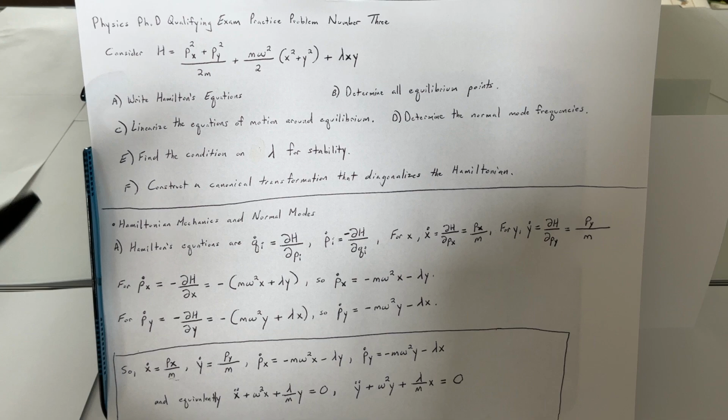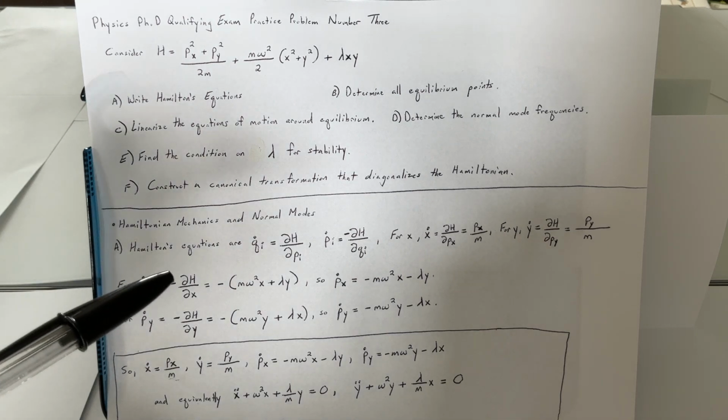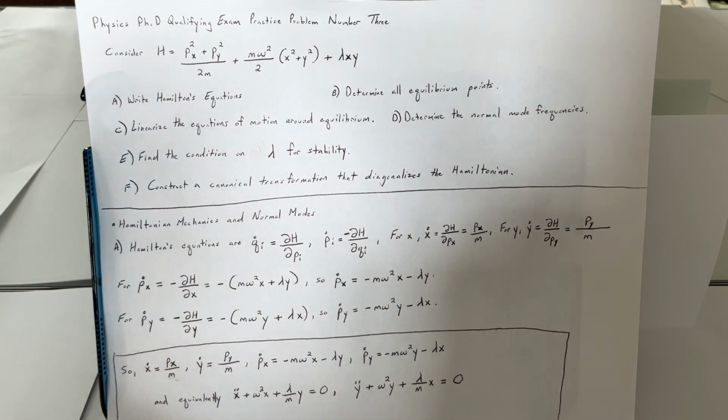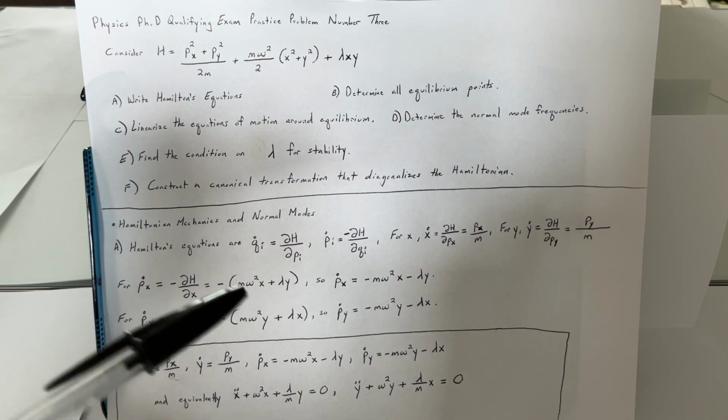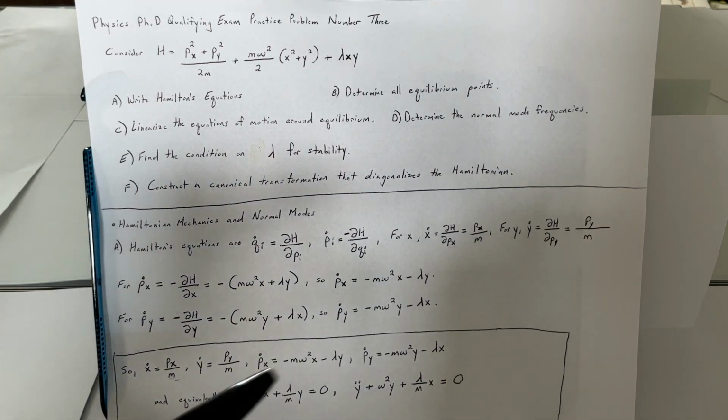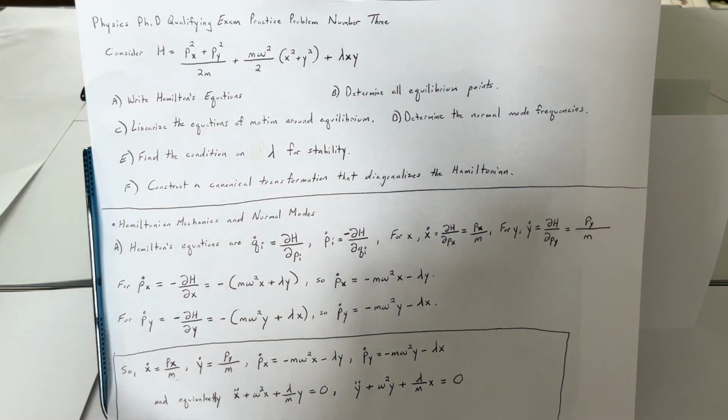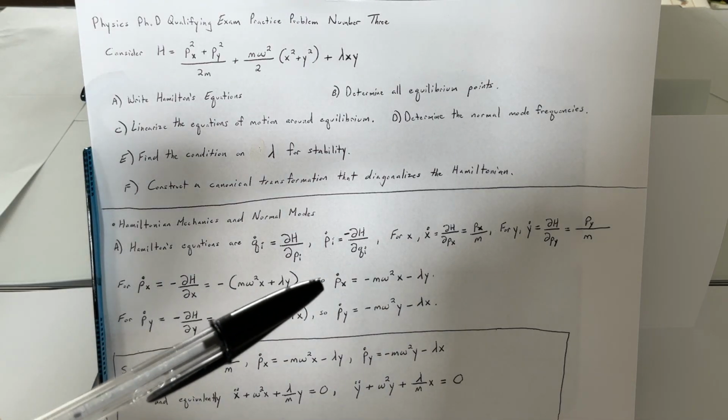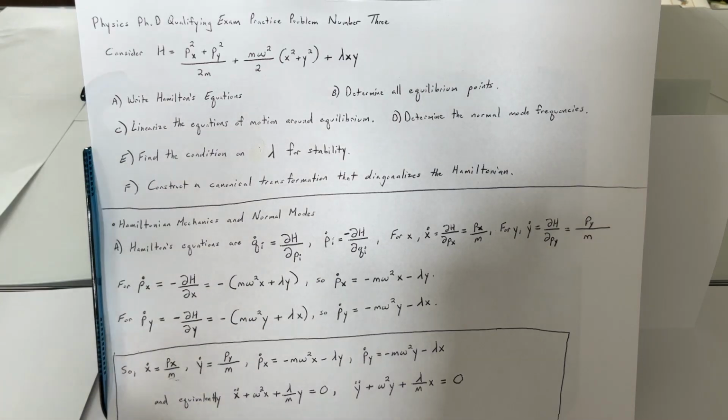So for p_x dot, that equals negative partial H with respect to x equals negative the sum of m omega squared x and lambda y. So p_x dot equals negative m omega squared x minus lambda y.